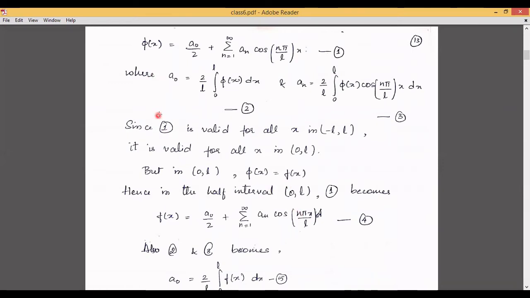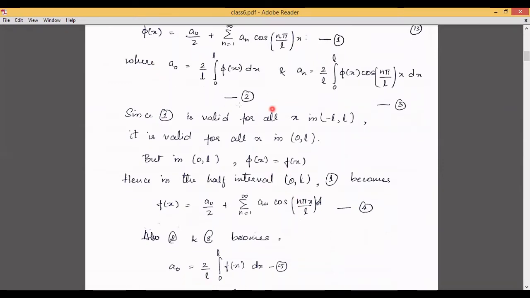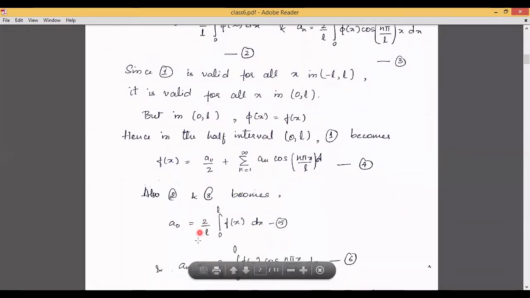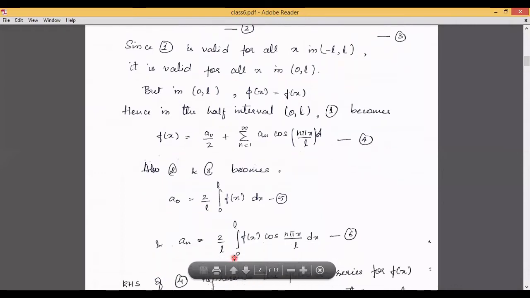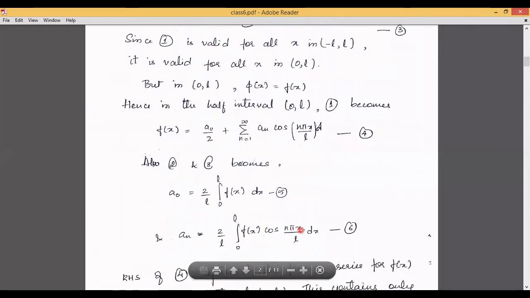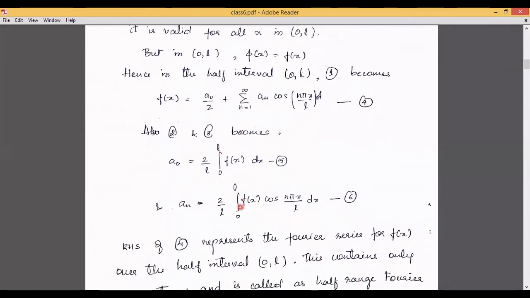And similarly, a naught and a n. See here, a naught is 2 by L integral 0 to L f of x dx. Similarly, a n is 2 by L integral 0 to L f of x cos n pi x by L dx. See here, in place of phi of x, I have written f of x, because in this interval 0 to L, phi of x is equal to f of x.